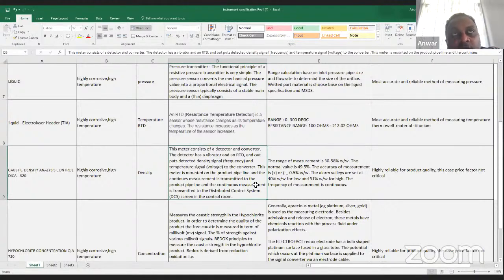You can imagine, you run the plant 24 hours a day and 360 days at least. So it is continuously sitting in the stream day and night, at a temperature about 45 to 50 degrees C daily, and giving a continuous measurement to the distributed control system.